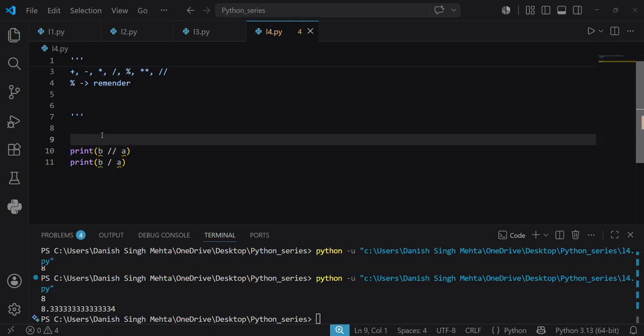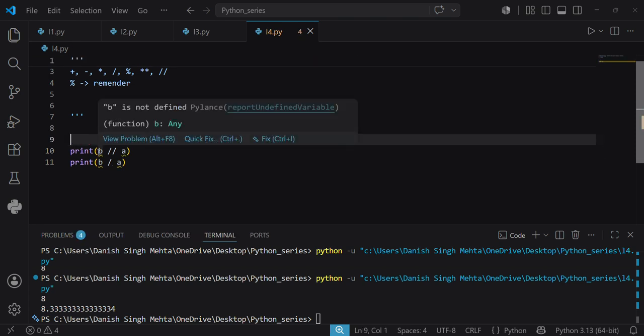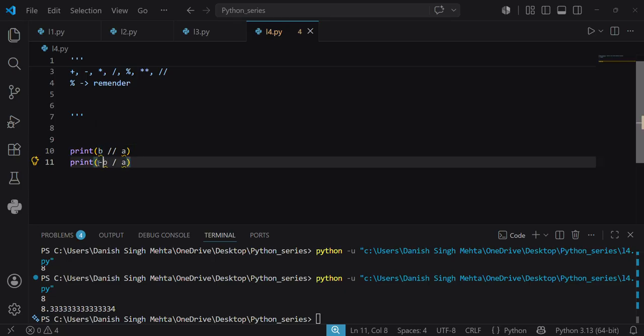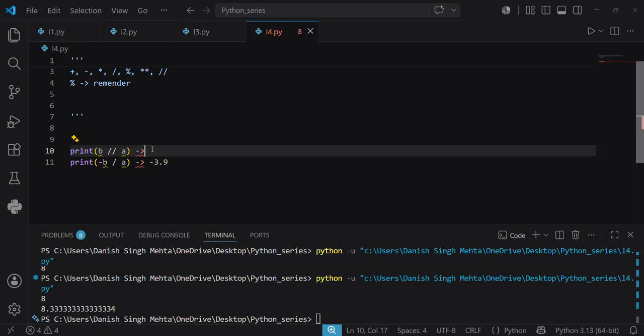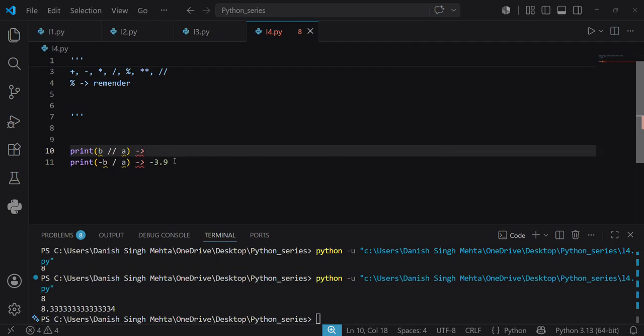Now, one more concept. Let's assume b is a negative number and the output of normal division is minus 3.9. What will be the value in floor division? Can you answer it? The value will be minus 4. Why?